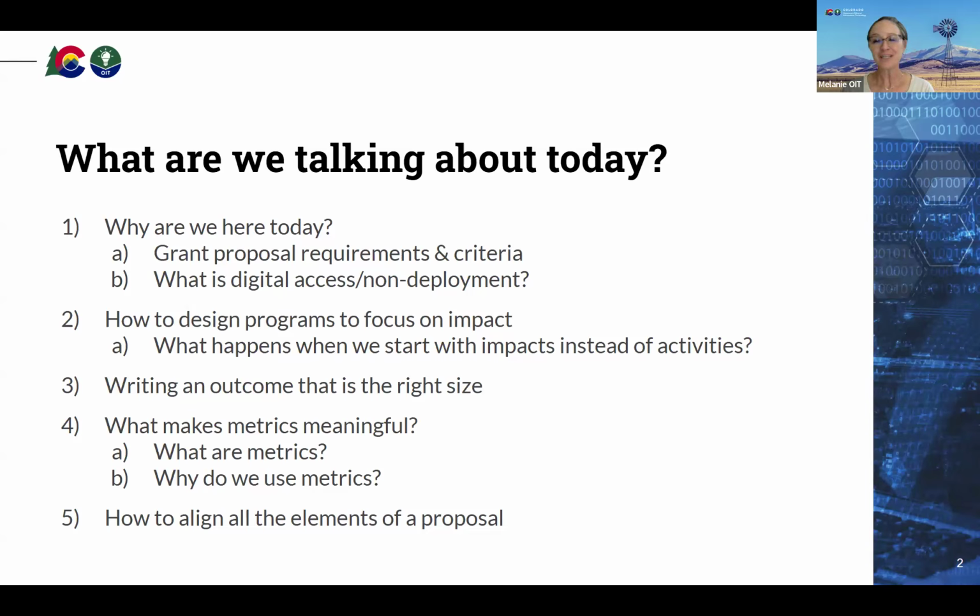We also want to talk about metrics today, because I think metrics are often an afterthought in this space, and we want to make sure that they are not as you apply for funds. And then at the very end, we'll talk about aligning all of the elements of the proposal based on what we've talked about today. This is not a must-do, but I really do want to get in people's minds a different way of thinking about measurements. So, next slide.